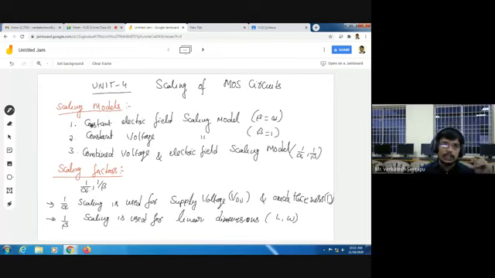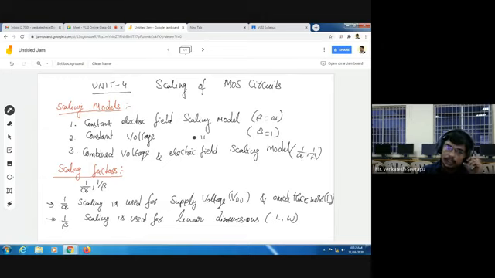The commonly used scaling models are the constant electric field scaling model, the constant voltage scaling model, and the combined voltage and electric field scaling model. The scaling factors are 1 by alpha and 1 by beta. 1 by alpha is used for supply voltage and oxide thickness, which is capital D, and 1 by beta is used for linear dimensions like vertical and horizontal dimensions of a surface. For the combined model, we use both 1 by alpha and 1 by beta.